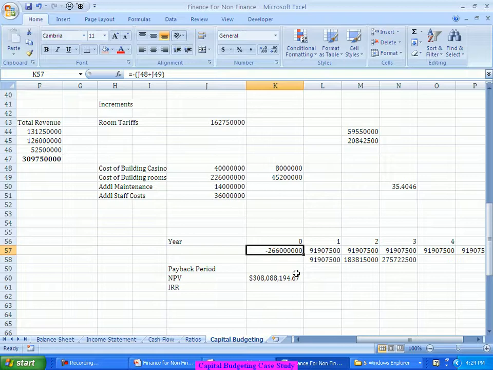NPV removes the impact of the interest rate you are specifying from all the future benefits. So that 45 crores, after the removal of interest, is becoming 30 crores. 30 is more than 26.6, which means it's a profitable project.